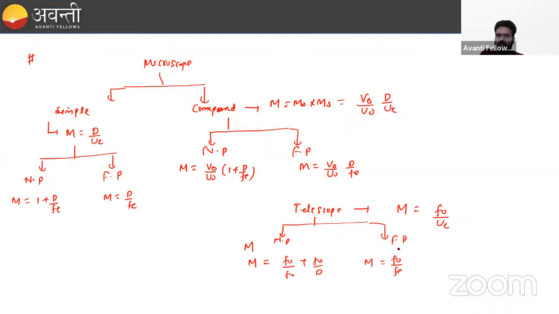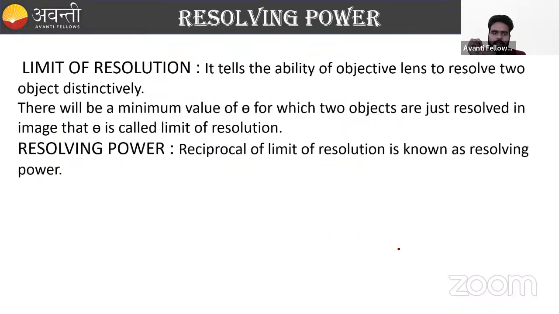So we have to be clear conceptually about what the magnification is and when we have to write the different types of formula. Let's move to the next section, that is the resolving power.